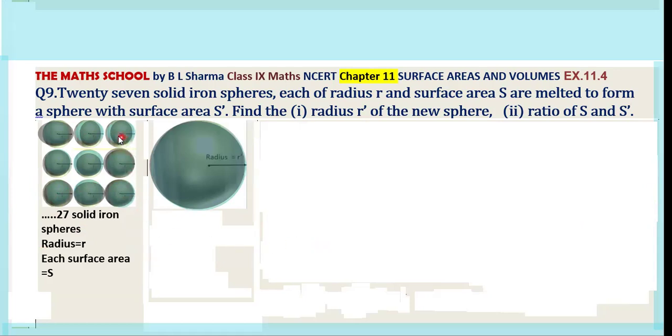It means the volume of 27 small spheres is equal to the volume of the new sphere, because when we melt metal, volume does not change. Volume remains the same. But what is given? Its radius is given r dash and surface area is given S dash. How to do this question?